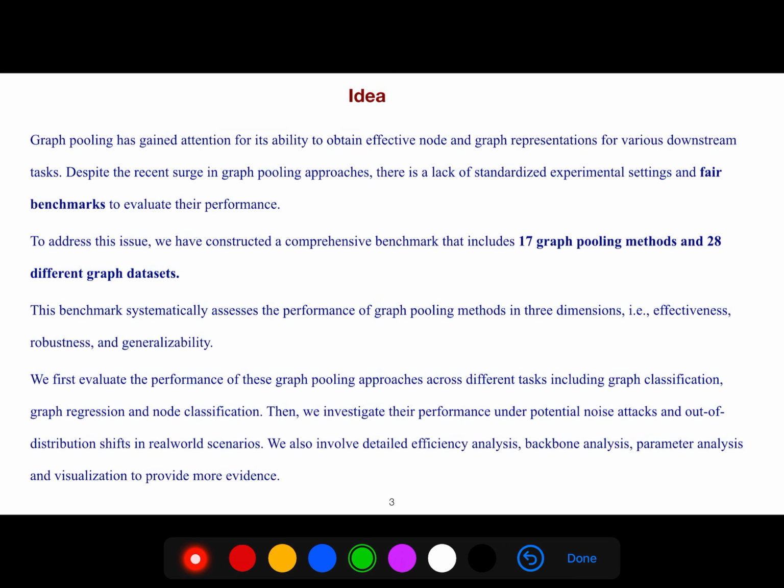Graph pooling has gained attention for its ability to obtain effective node and graph representations for various downstream tasks. Despite the recent surge in graph pooling approaches, there is a lack of standardized experimental settings and fair benchmarks to evaluate their performance.